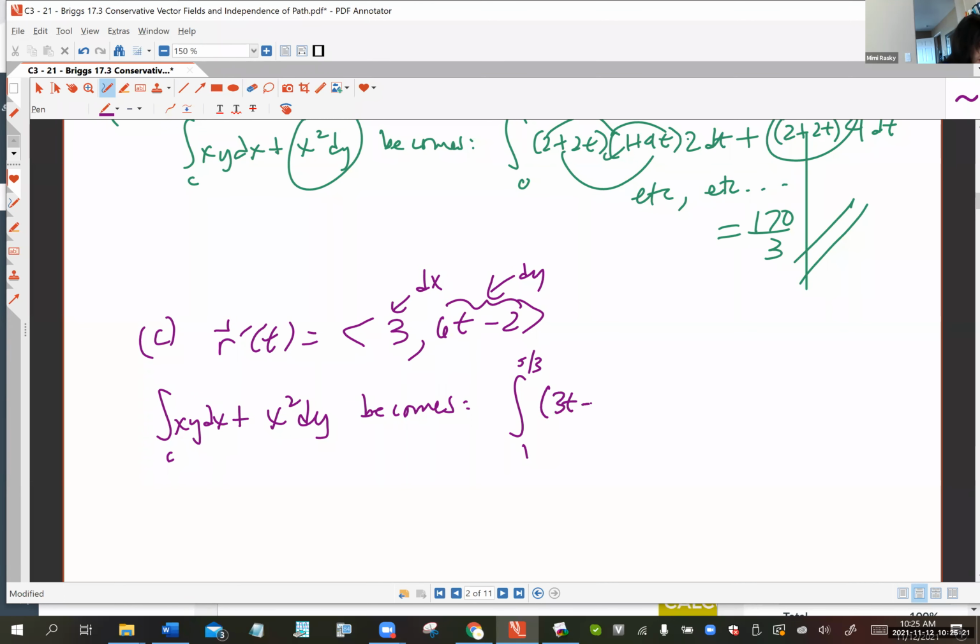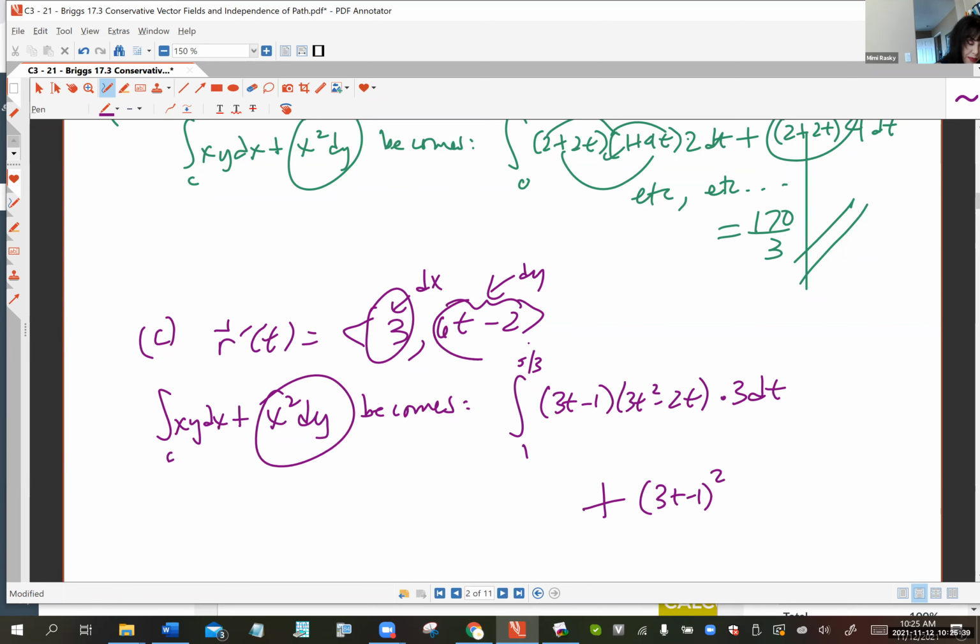The x component was 3t minus 1, multiply that by 3t squared minus 2t times the dx, 3 dt, and I got to go drop to the next line, I'm running out of room, plus x squared dy, 3t minus 1 squared times the 6t minus 2 dt.